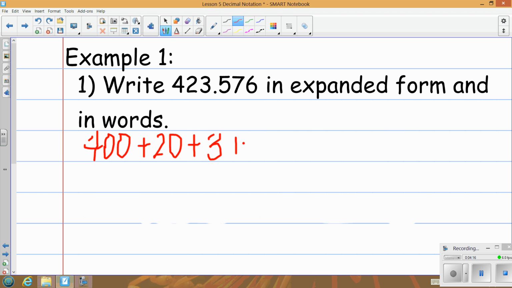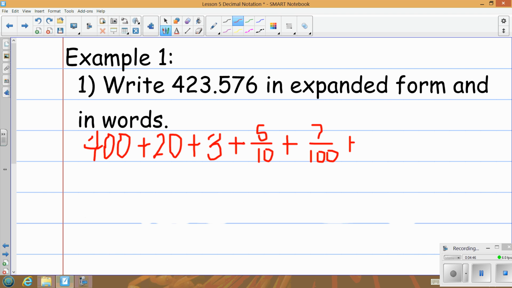Plus, now we get into our decimals. So this 5 is in the tenths position, which means it's really the same thing as saying 5 over 10. Also because if I said 5 divided by 10, you would get your 0.5. The 7 is in the hundredths position, so it's going to be 7 over 100.